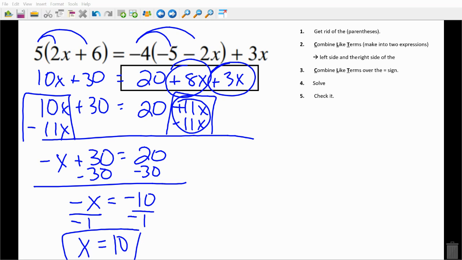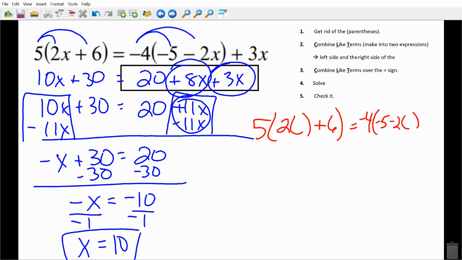All right. Now let's check our work. 5 parentheses 2 parentheses plus 6 parentheses equal negative 4. I'm going to run out of room. These are 10s. When I'm substituting, 2 times 10 is 20. 20 plus 6 is in parentheses.